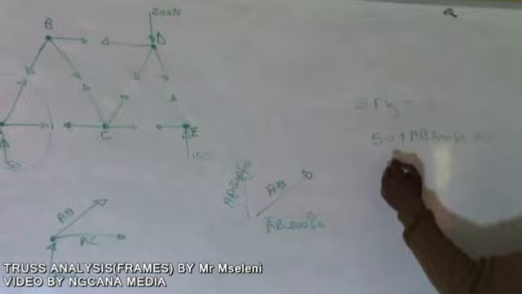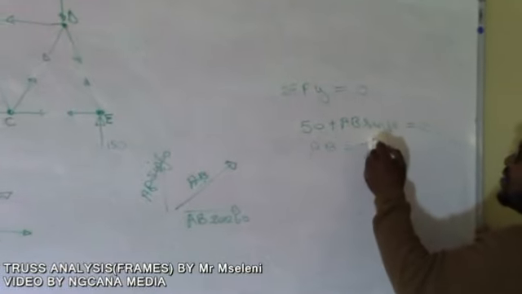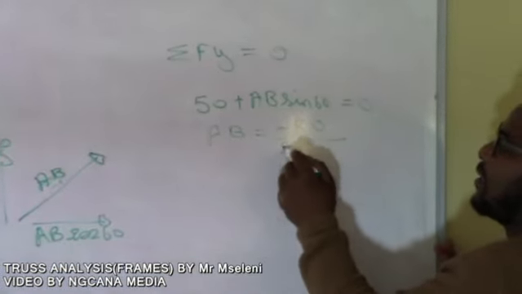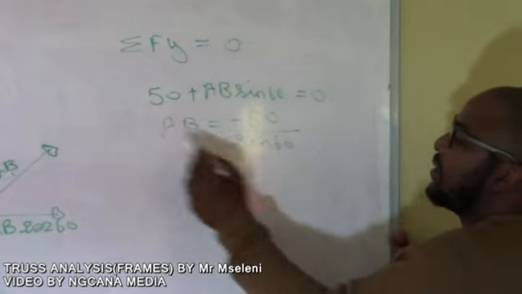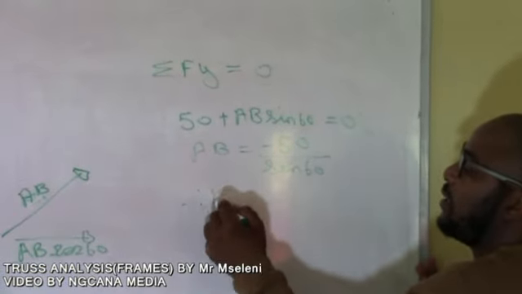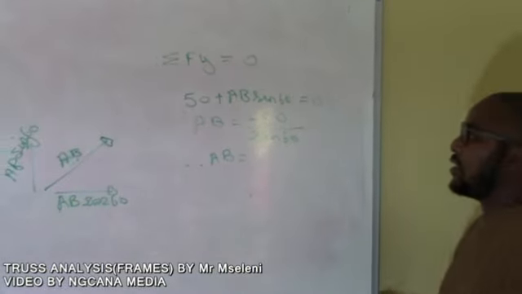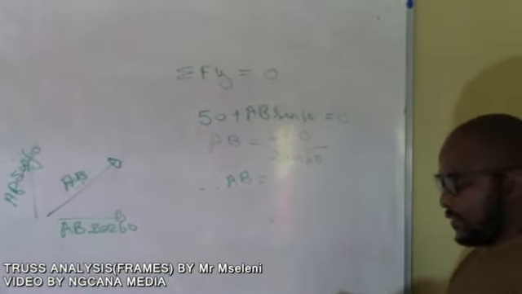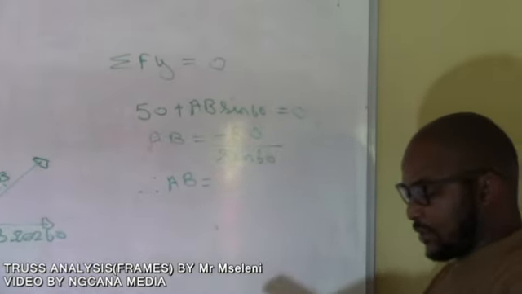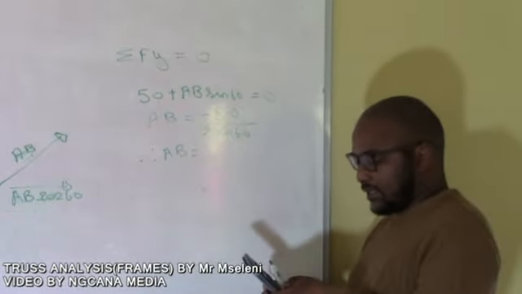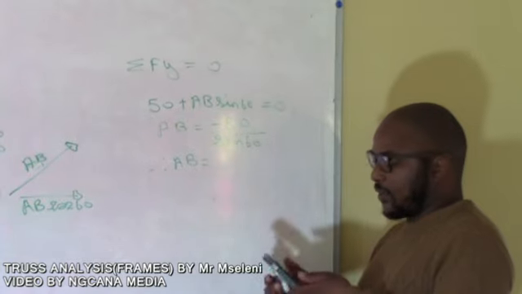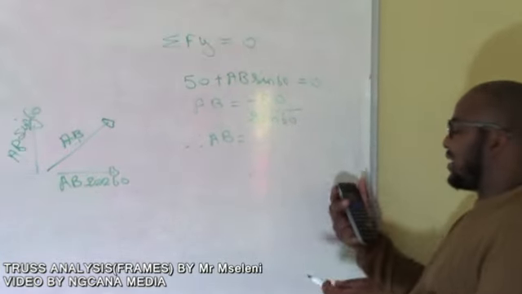You're going to say AB equals negative 50 divided by sine 60. Therefore, your AB equals, and you press it on the calculator, 50 divided by sine 60. Therefore, you get 57.73.